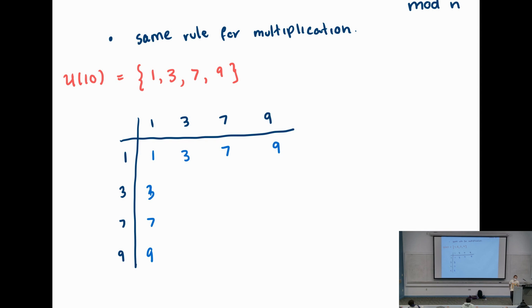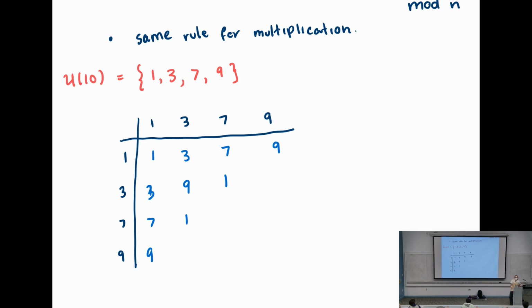All right, then 3 times 3 is 9, and that's in the set, so we're happy. 3 times 7 is 21. And what is that mod 10? 1, yeah. So we take out all the factors of 10 and we just get back 1. That means that 3 and 7 are multiplicative inverses. So we'll get the same thing over here.